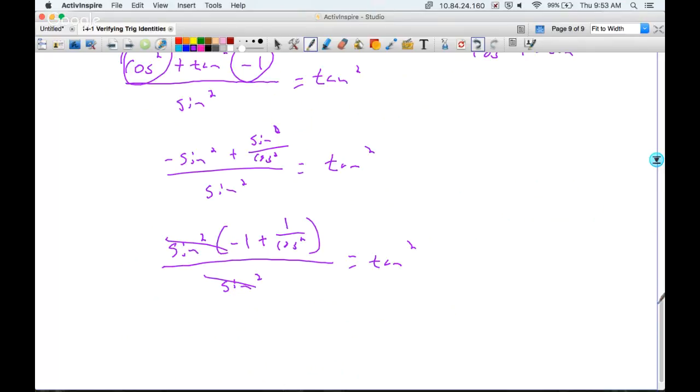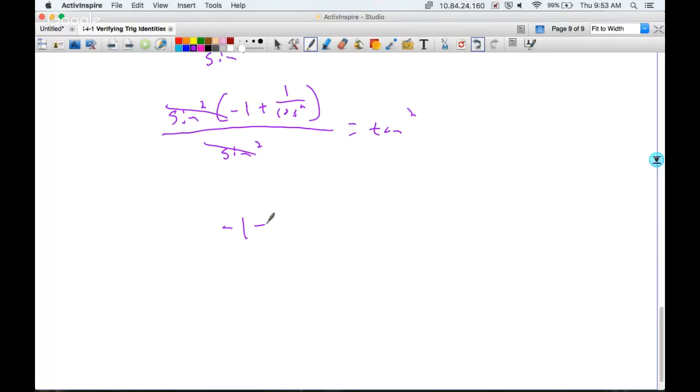These will cancel. Now I've got a negative 1 plus, that's the same as secant squared, equals tangent squared.